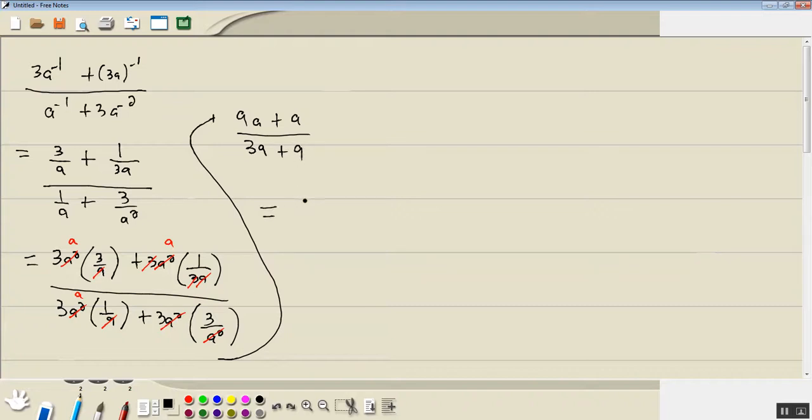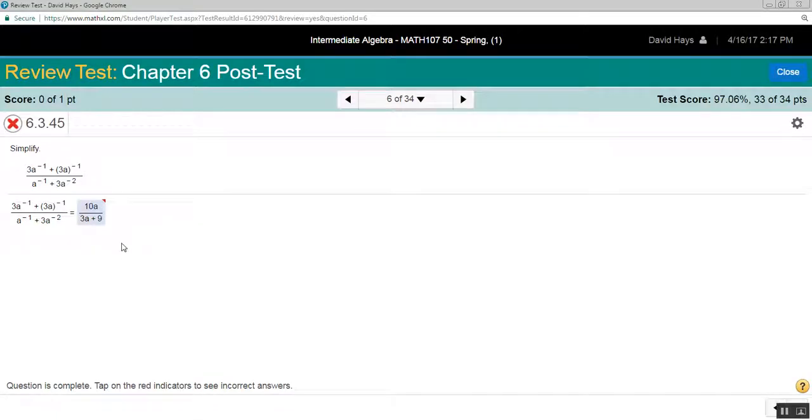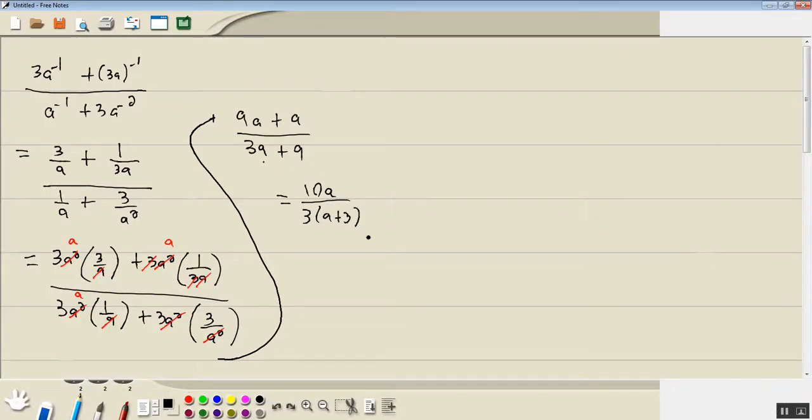So on top I can factor an a out. 3 times 3 is 9a, and that's an a, so that's 10a. What is that? Is that an a? A, and this is a 9. Okay. So I can factor a 3 out, and that gives me a plus 3. They left that multiplied through, but okay.